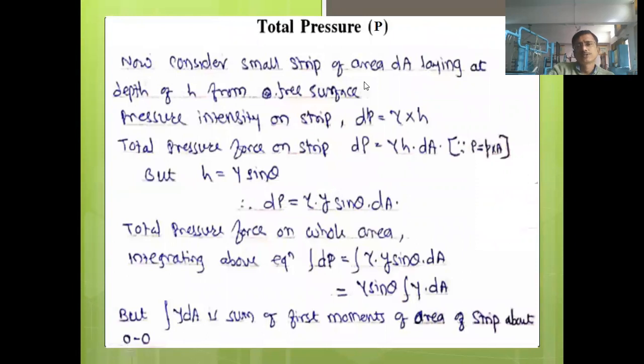Write on the title total pressure. Pressure intensity on the strip is equal to, we have considered a small strip here. So dp will be equal to gamma into h, right?